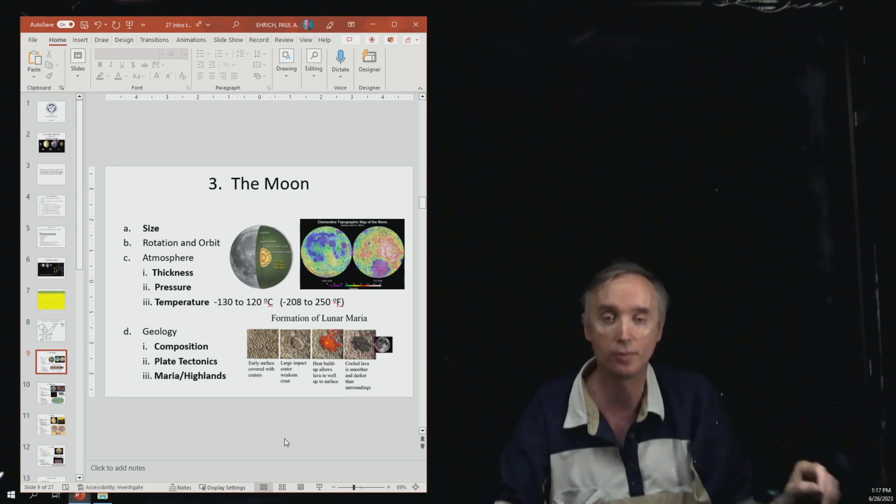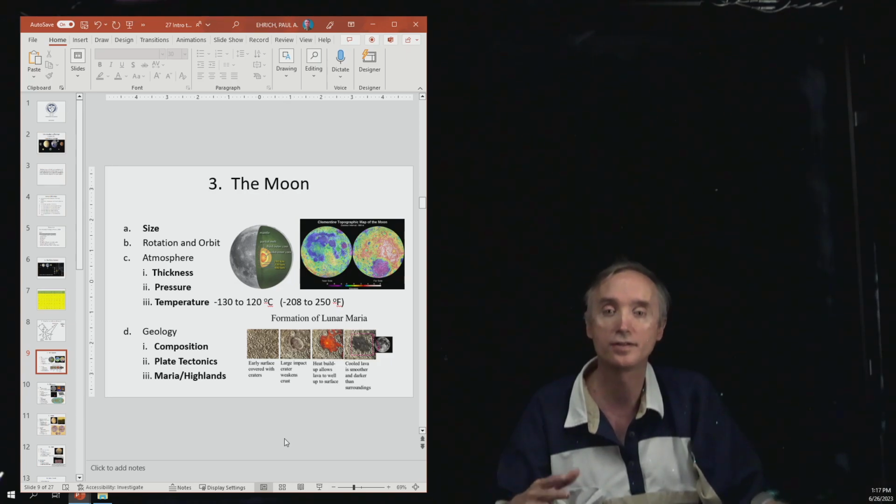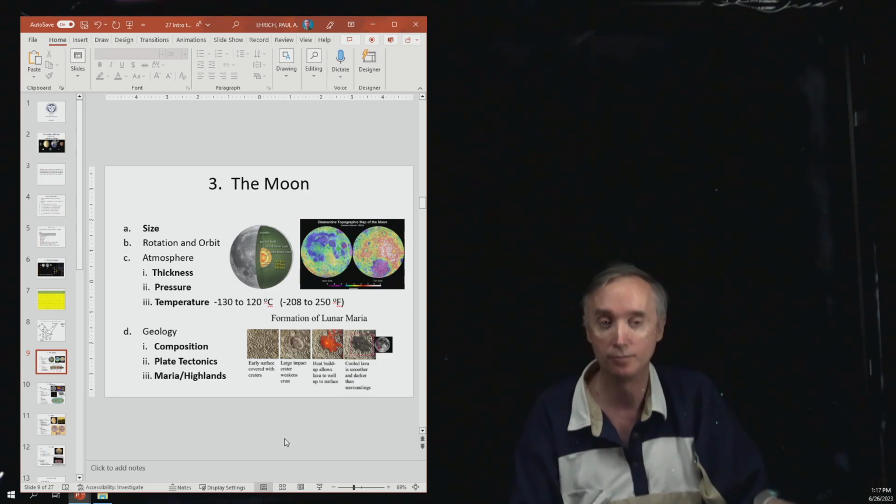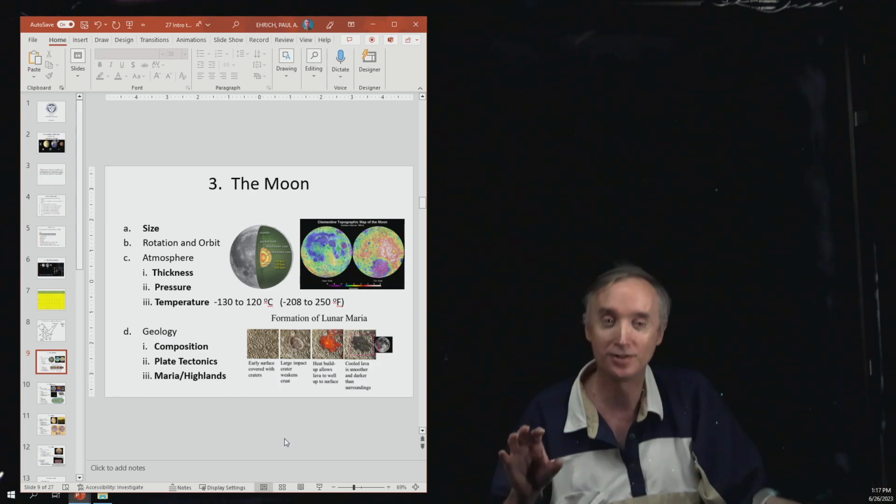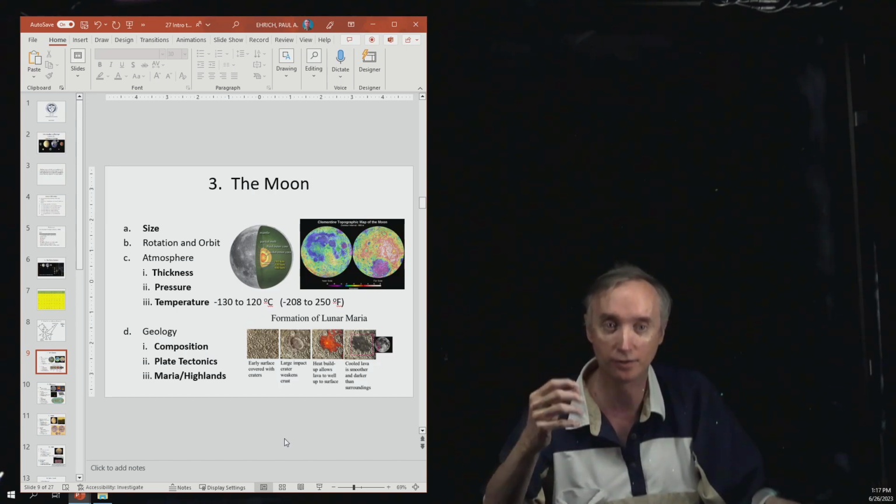That's the darker parts of the moon. So that's going to be called the Maria. And so Galileo named it that. Maria means oceans. So the moon does not have oceans, but it does have these two different colored parts to it.